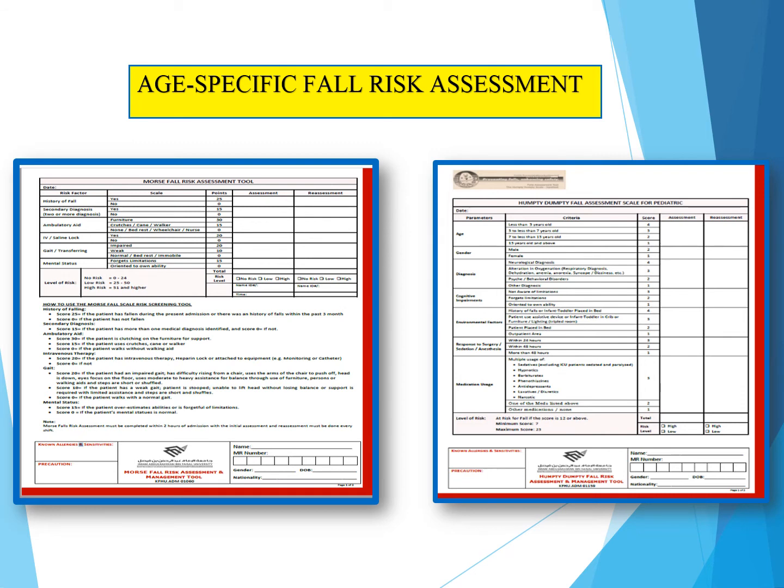For children, Humpty Dumpty Fall Scale with levels for reassessment: low risk 7 to 11, high risk 12 and above. If and when a patient is identified as high risk to fall, a yellow ID band and a fall signage will be applied. All interventions done for prevention of falls are documented in the multidisciplinary progress notes, electronically or manually during downtime.